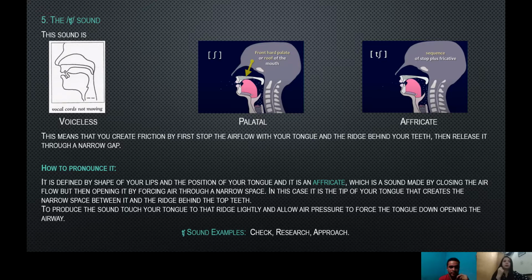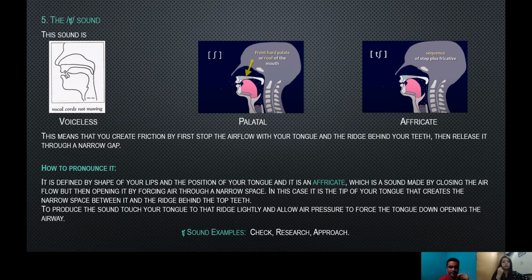It is defined by the shape of your lips and the position of your tongue, and it is an affricate, which is a sound made by closing the airflow but then opening it by forcing air through a narrow space. In this case, it is the tip of your tongue that creates the narrow space between it and the ridge behind the top teeth.